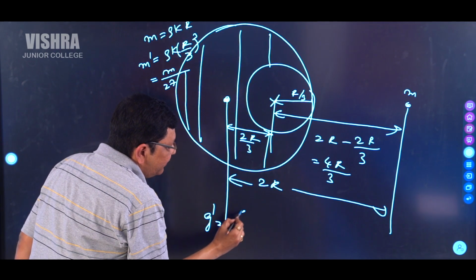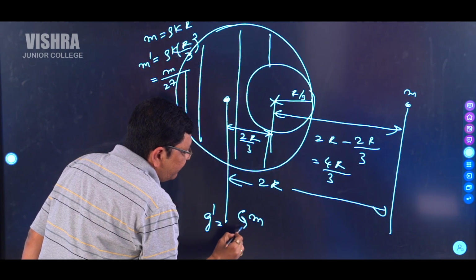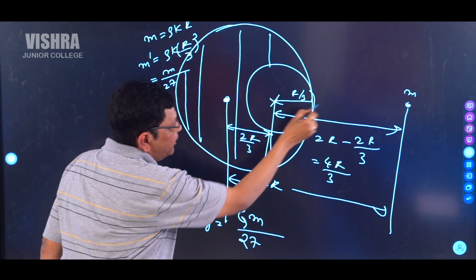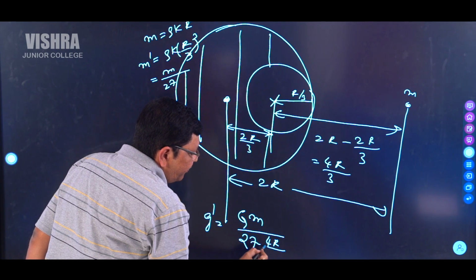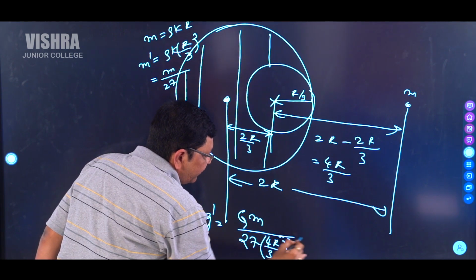So the mass of this removed portion will be m upon 27, and the distance from the center of the sphere to there is 4r by 3. So GM by r square means GM upon (4r by 3) whole square.